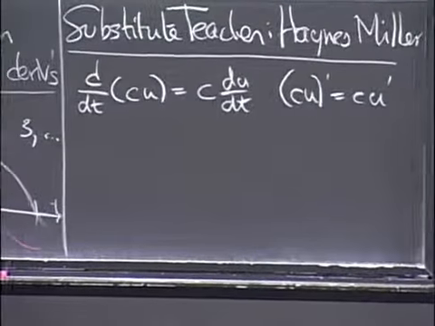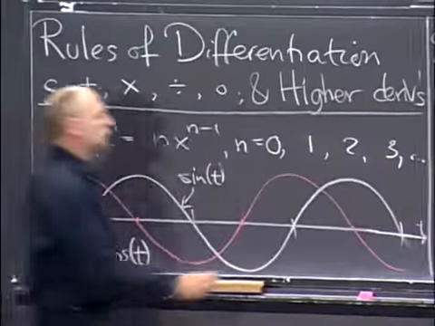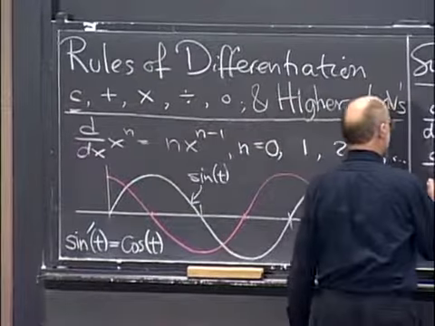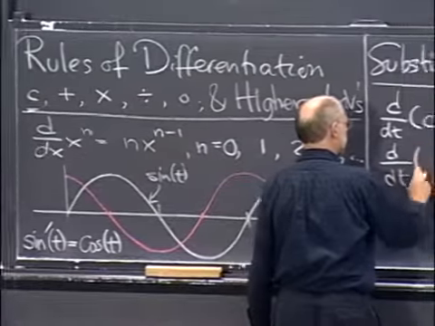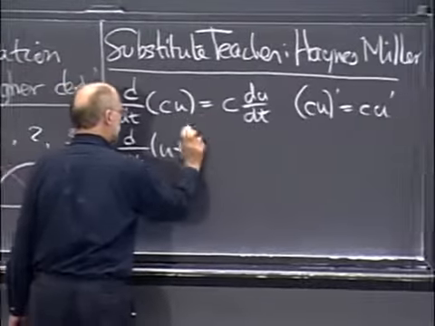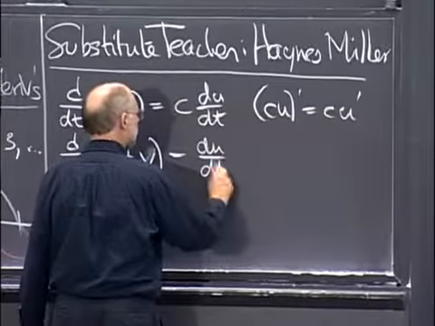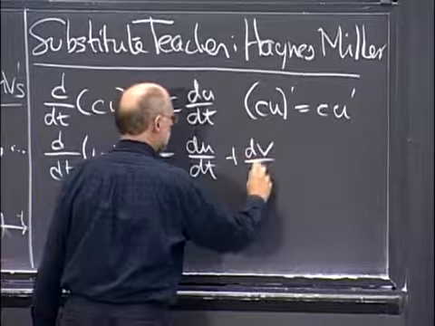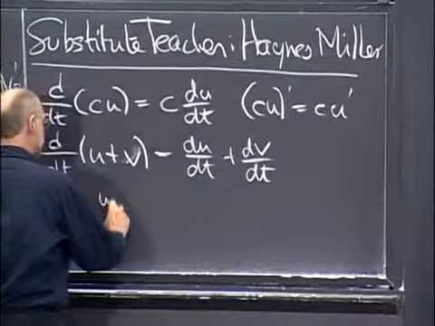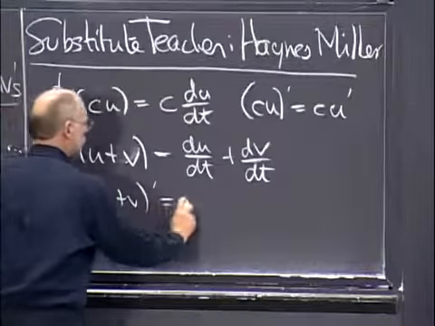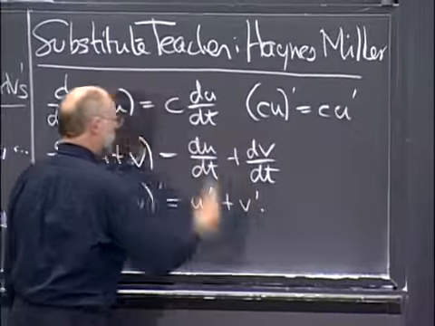That's this rule, multiplying by a constant. And I think you also know about differentiating a sum. Or I could write this as (u plus v)' is u' plus v'.